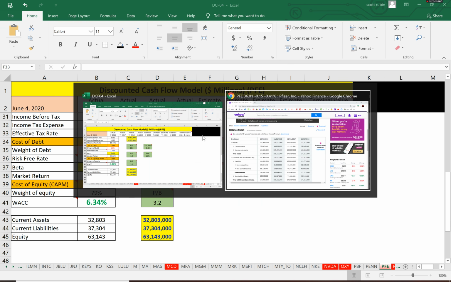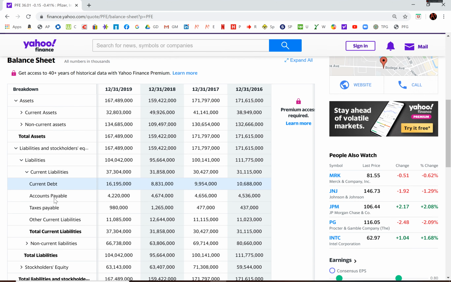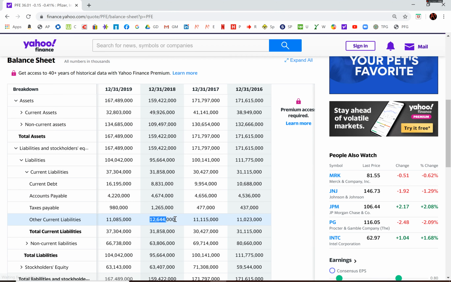And if we go to the balance sheet, they have 4.5 billion of accounts payable, so they owe other businesses $4.5 billion. There's 12.5 billion of other, and we can look at a 10-K for that, but we won't have time for this video.